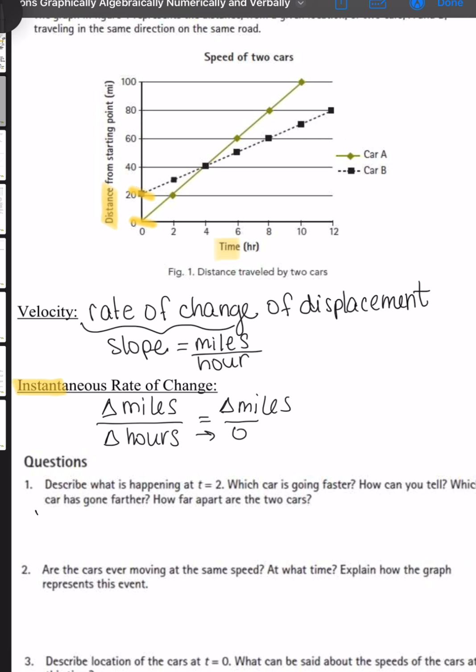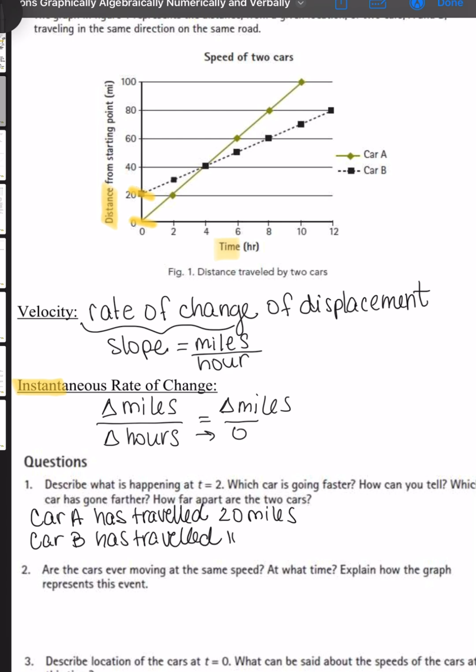So we'll say car A has traveled 20 miles. Car B has traveled 10 miles.